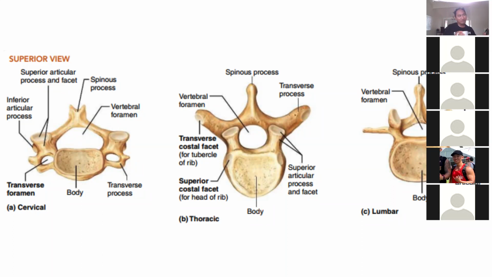It is not difficult to remember, because the bodies are different. In the cervical region, we have the transverse foramen on each side, and the vertebral canal is really wide and gradually gets smaller. That is because the spinal cord, once it comes out from the brain, is really big, and at different levels it gives off all the nerve fibers.